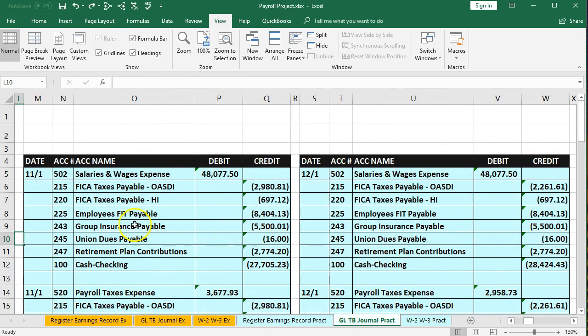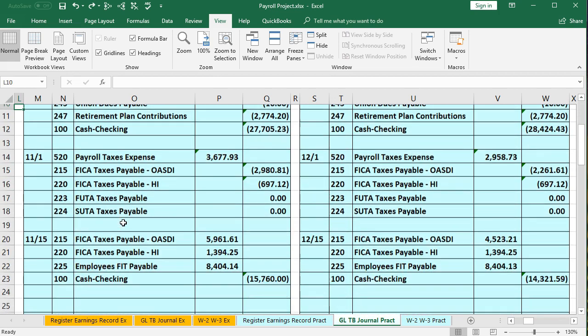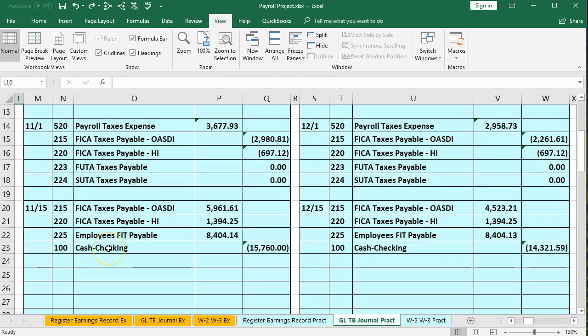And we can see that we made the payment on 11/15. And this payment was made for the pay period ended October. So the October pay period was paid with this check, which represents the amounts for OASDI, HI, and FIT, Social Security, Medicare, Federal Income Tax, for October. So it was made in November.